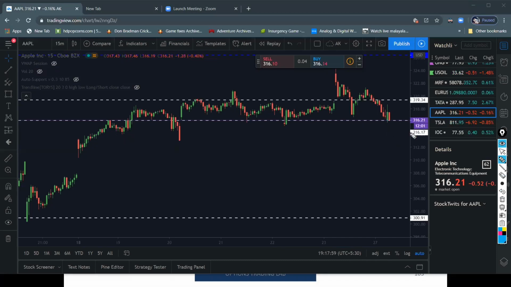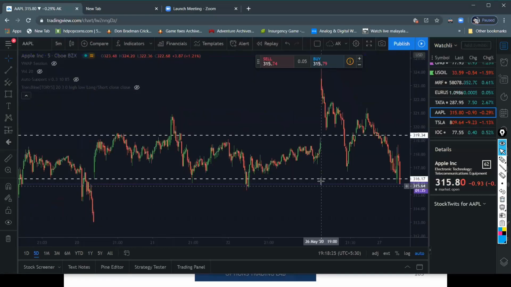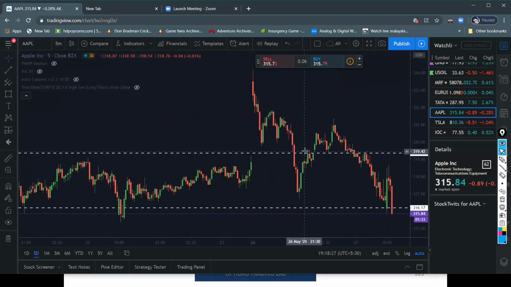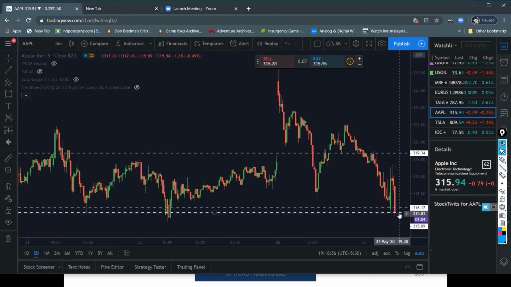If the support level at 316 breaks, then the market will try to go down. The next important thing you have to do is spot the intraday levels. Use the 5-day 5-minute candlesticks, the 1-day 5-minute and the 1-day 1-minute candlesticks. See, the 316, 315 area is trying to hold the market.